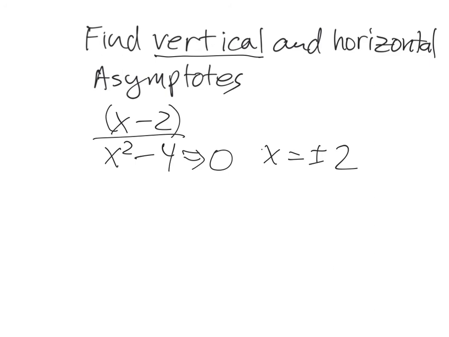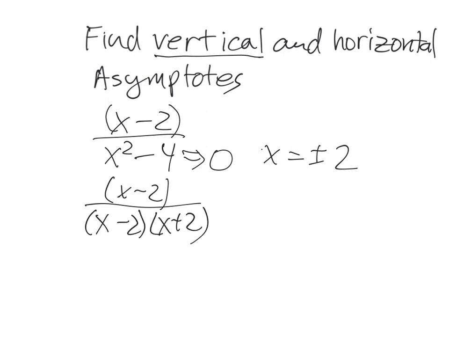We only have one vertical asymptote here. And to be able to find that, you'd have to show the factors of the top and bottom. And because of the x minus 2 in the numerator as well as in the denominator, the vertical asymptote would be what? Okay, x equals negative 2.